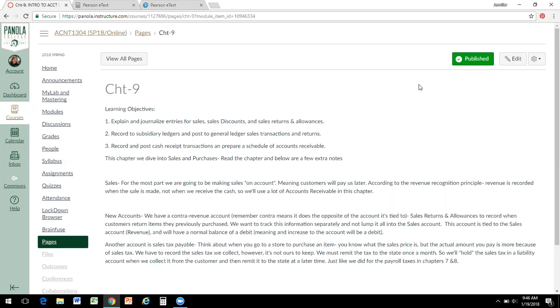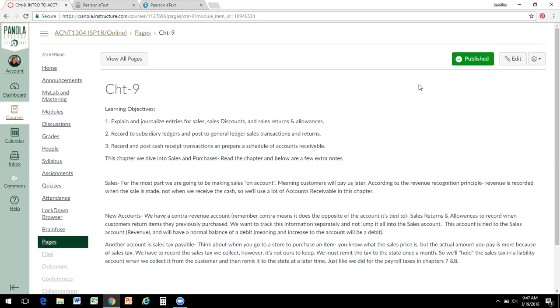Then we journalize what we did in our reports, right? Because financial statements are reports, so we prepare our closing journal entries after we do the financial statements, and then we do another trial balance, and that's pretty much our cycle.